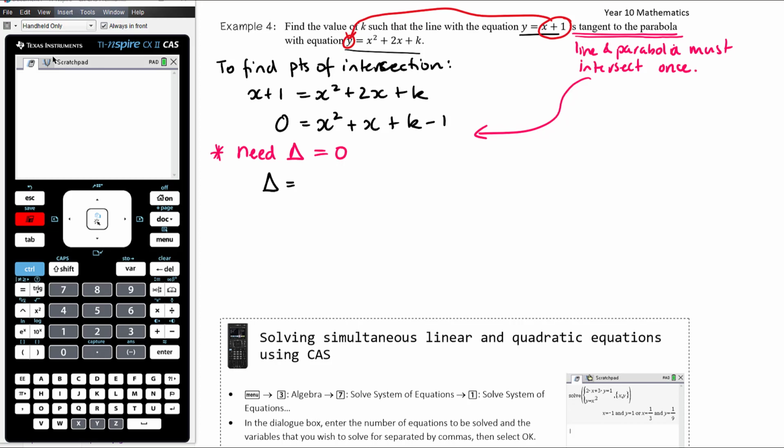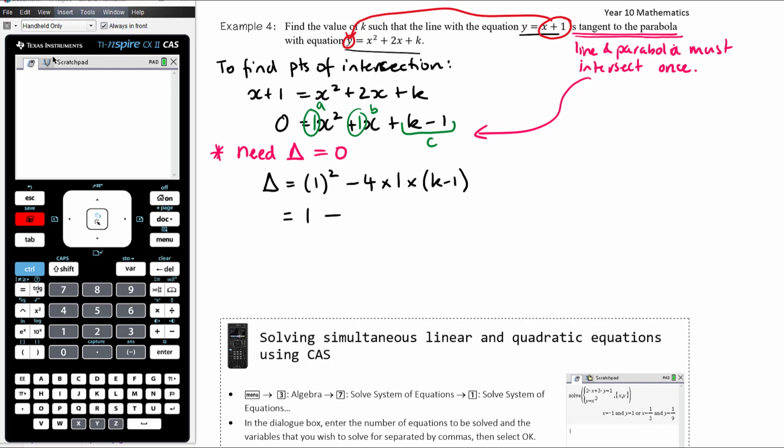So remember, the discriminant is b squared, b is 1, minus 4 times a, which is 1, and times c, which in this case is that. Okay, so I'm just using a slightly different colour. So that's c, that's b, and that's a in this quadratic. Okay, so b squared minus 4 times a times c, that's my discriminant.